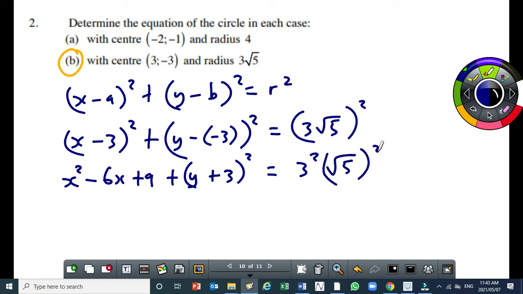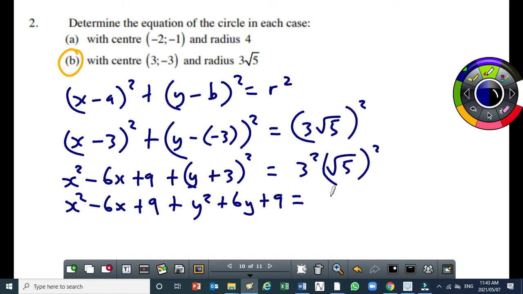Then you get x squared minus 6x plus 9 here, plus here it becomes y squared plus 6y plus 9, equal to 9 times 5.